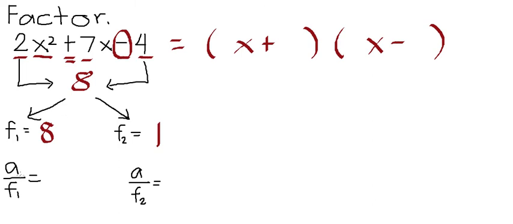Next step is to find a over f sub 1 and a over f sub 2. Our a is 2. So 2 over f sub 1 is 8. Next is a over f sub 2. Ang a natin ay 2 over f sub 2 is 1.